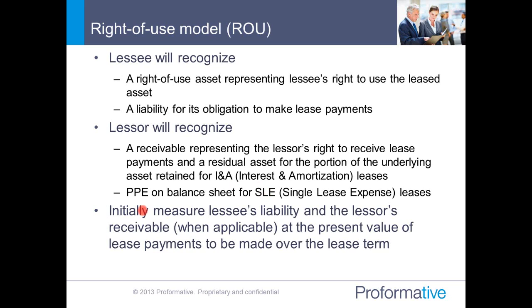On the lessor side, the initial measurement is the present value of the rents received over the lease if it's an R&R lease, as well as the present value of the expected residual. Or else, if it's an SLE lease for a lessor, the initial measurement is the cost of the asset.